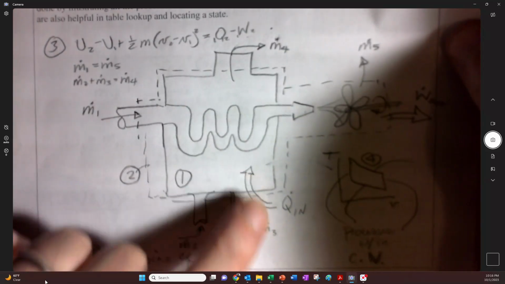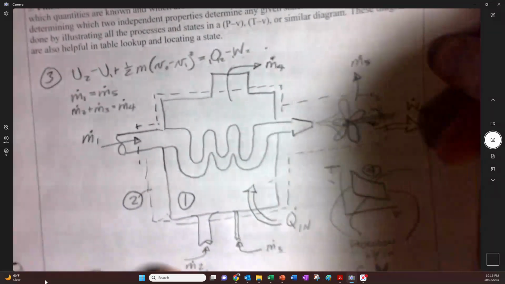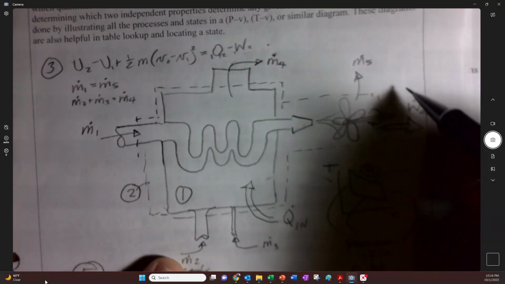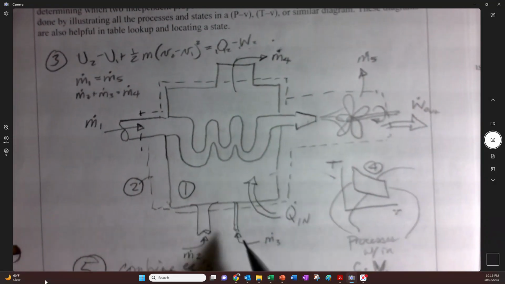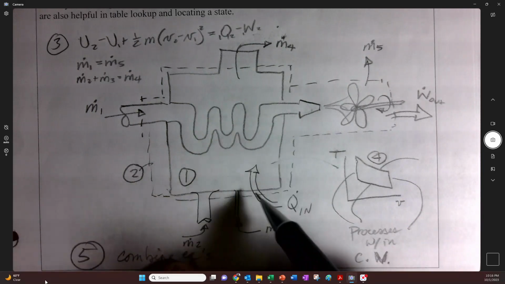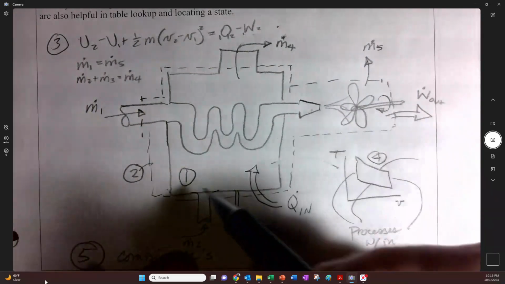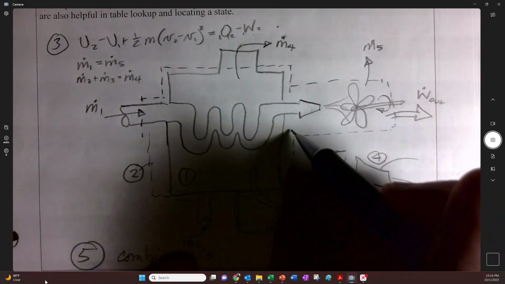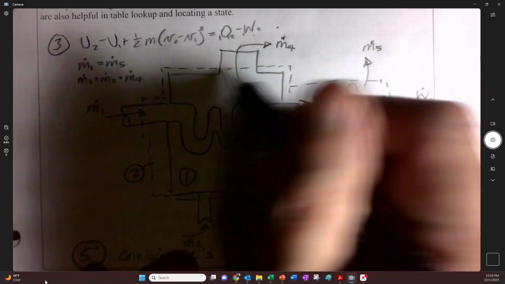We have heat coming in, maybe we have work coming out across the boundaries. That's what we mean. So I said, okay, here's what they mean by step one. Draw the thing out. So you're thinking about what's going on and maybe label the things that you know and decide, here's what I consider my control volume.